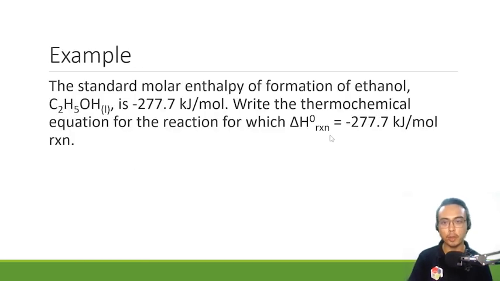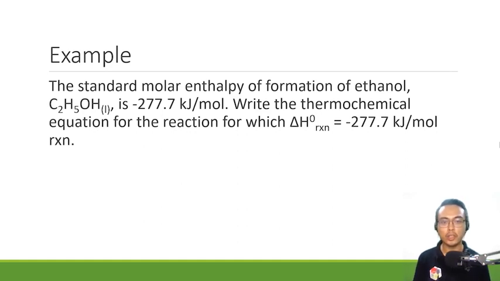Let's try this example. The standard molar enthalpy of formation of ethanol, C2H5OH, is negative 277.7 kilojoules per mole. Write the thermochemical equation for the reaction for which the enthalpy of reaction is negative 277.7 kilojoules per mole reaction.